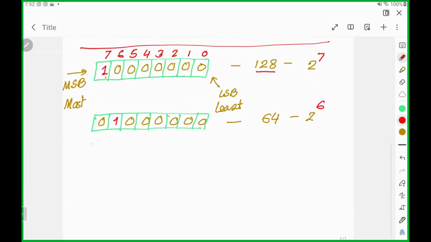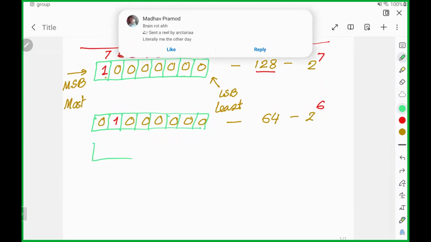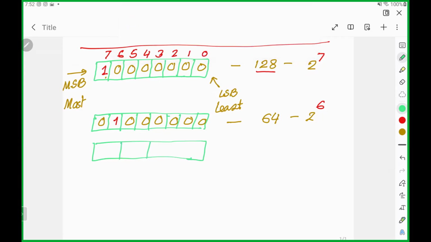Similarly, we can continue with this change of the position of the 1 to the right. If I change the position of 1 to the right, then this value becomes half, you can see.